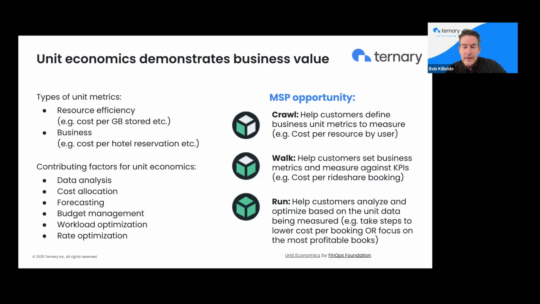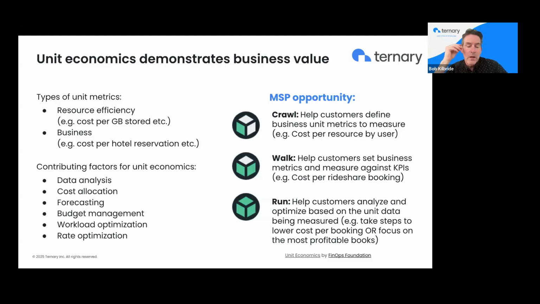For example, if you're measuring cost per rideshare booking, you might want to say, hey, this is too high. I need to be at a certain fixed cost for every booking. Right now, it's costing me $1. I need to get that down to 75 cents per booking, or else I'm not going to be running a profitable business. So then you can take action, specific action, to get down to that cost.